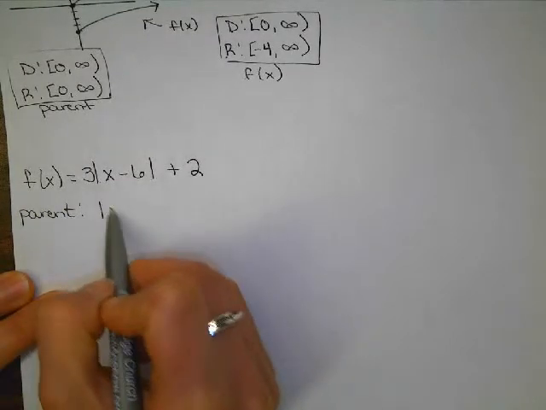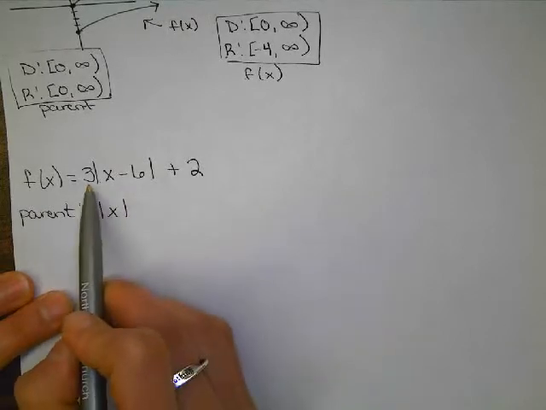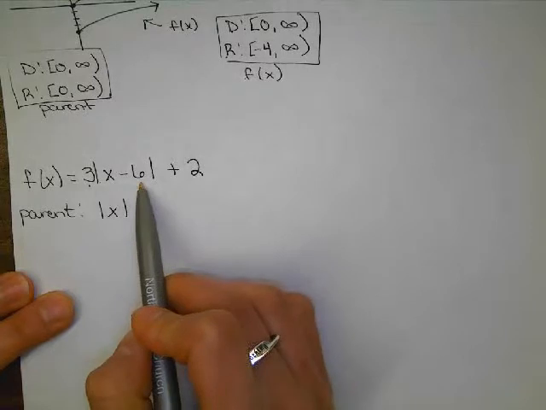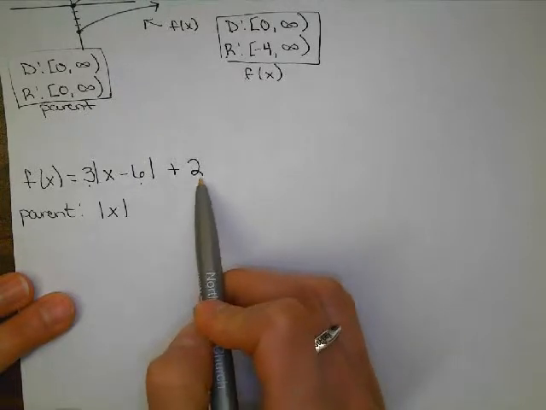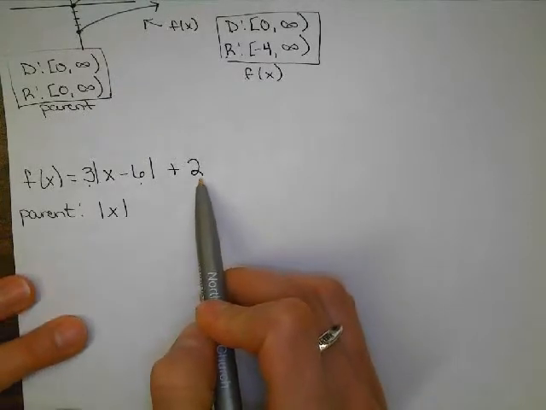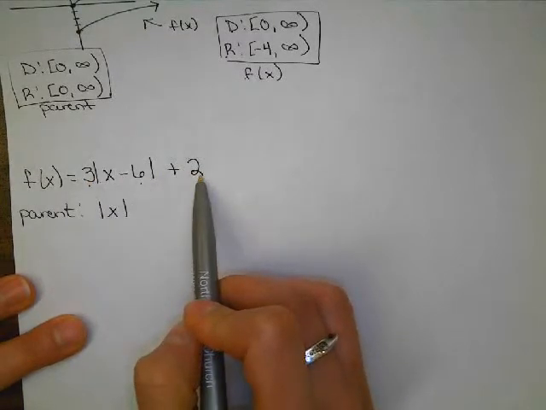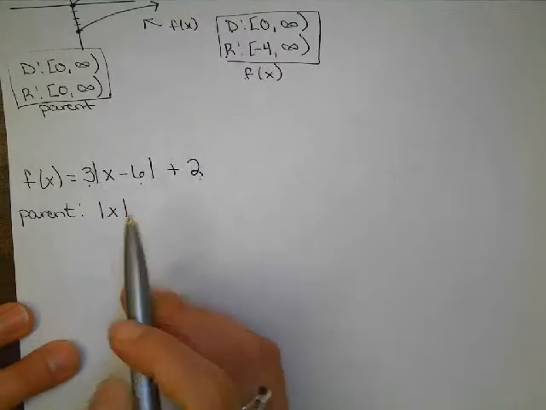We also know it's just a regular x, because this 3 that's being multiplied affects the steepness. The 6 on the inside of my absolute value, or inside the parentheses, moves it left or right, and this plus 2 on the outside moves it up and down. So all this extra stuff is extra, which means my original one is its parent.